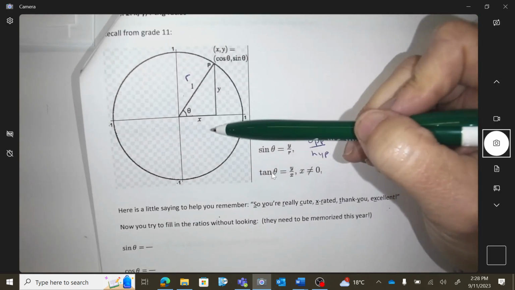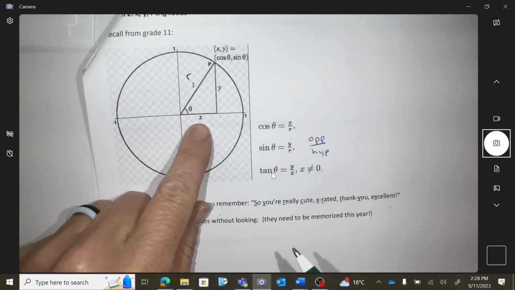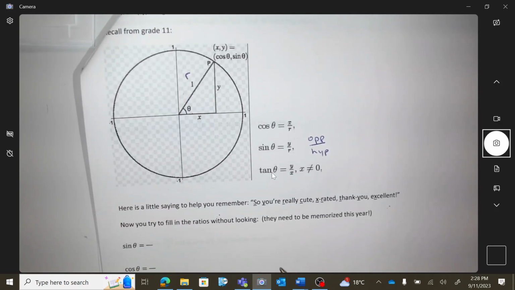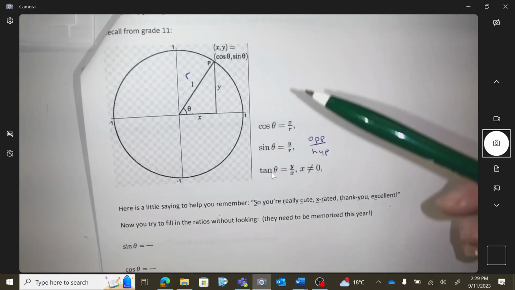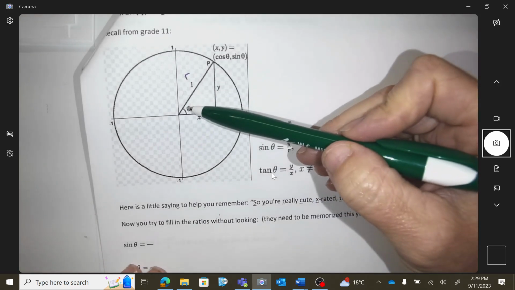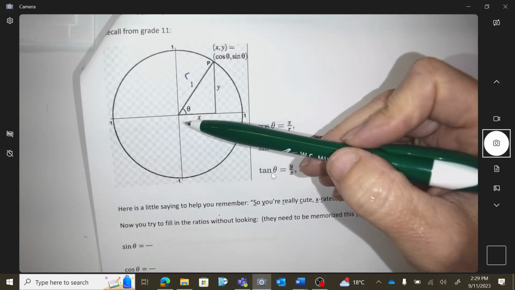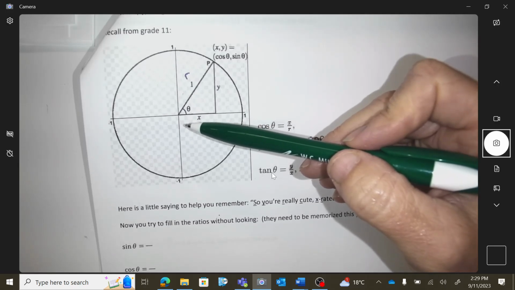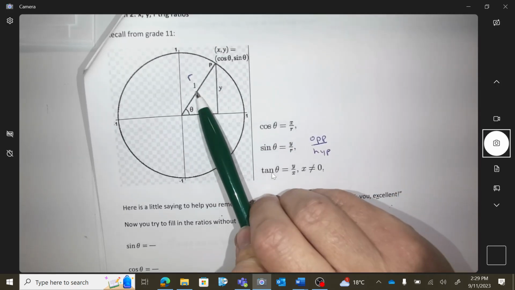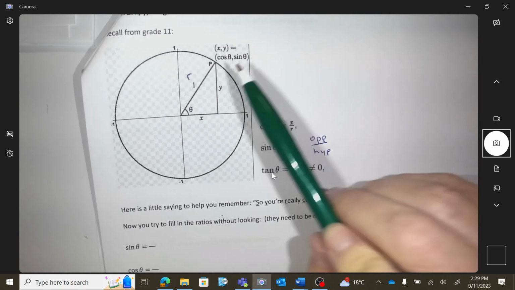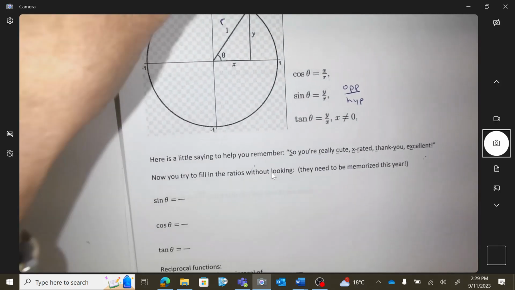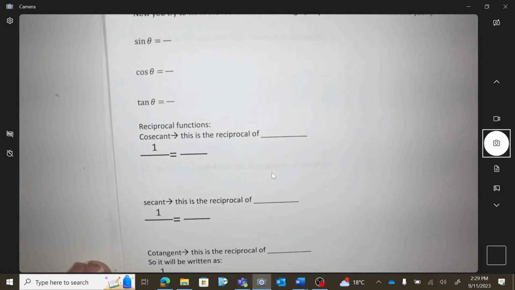So if I have a right triangle, well, cosine: this is the adjacent, this is the hypotenuse. And then r, if we are on the unit circle, what is the radius value? On the unit circle specifically, the radius is 1. Okay, so the SOHCAHTOA or the XYR ratios.